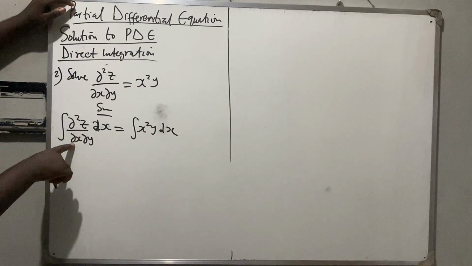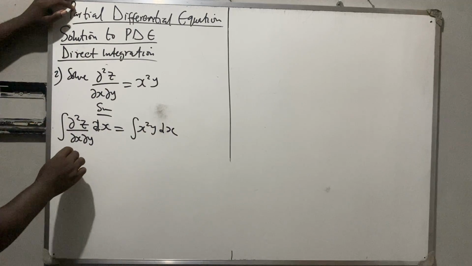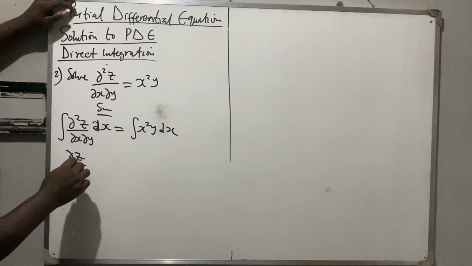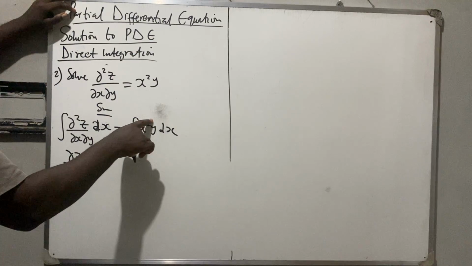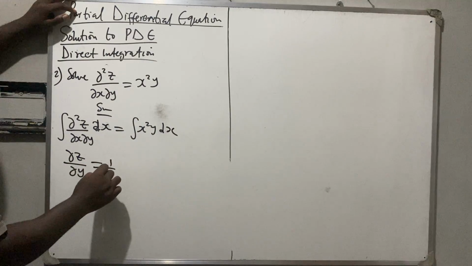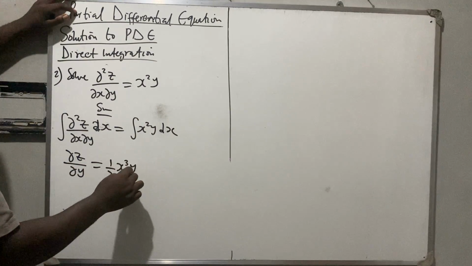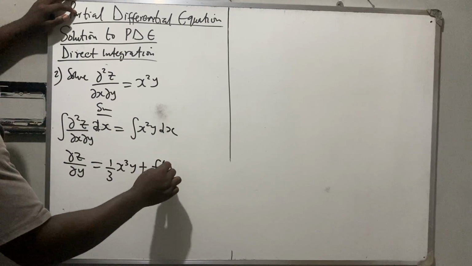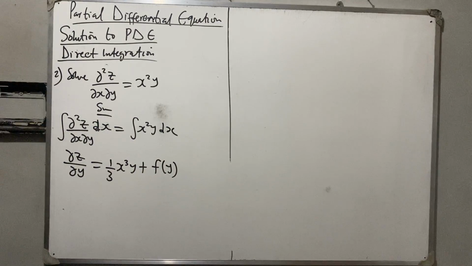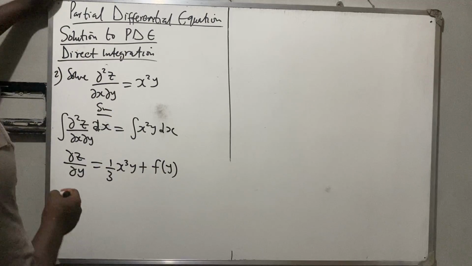So here, this will take care of this. I'm having partial z, partial y remaining here, equal to, integrating with respect to x, add 1 to the power, divide by the new power. So I have 1 over 3 x cubed y, then plus a function of y. Why? Because I integrated with respect to x. So now let us integrate with respect to y.